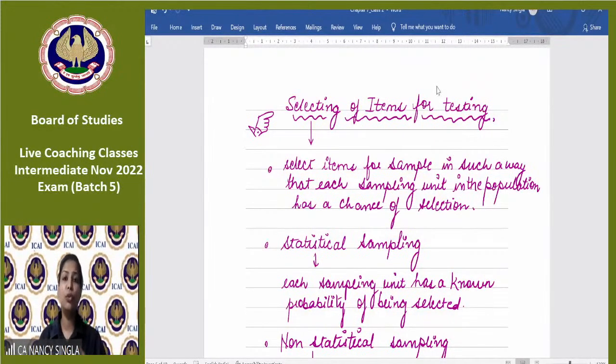So first and foremost, we all know that the items of the sample should be such that they represent the population, and each sampling unit in the population should have a chance of selection. That is, there should be no bias. And for this reason, statistical sampling, which is based on probability, is what is suggested.